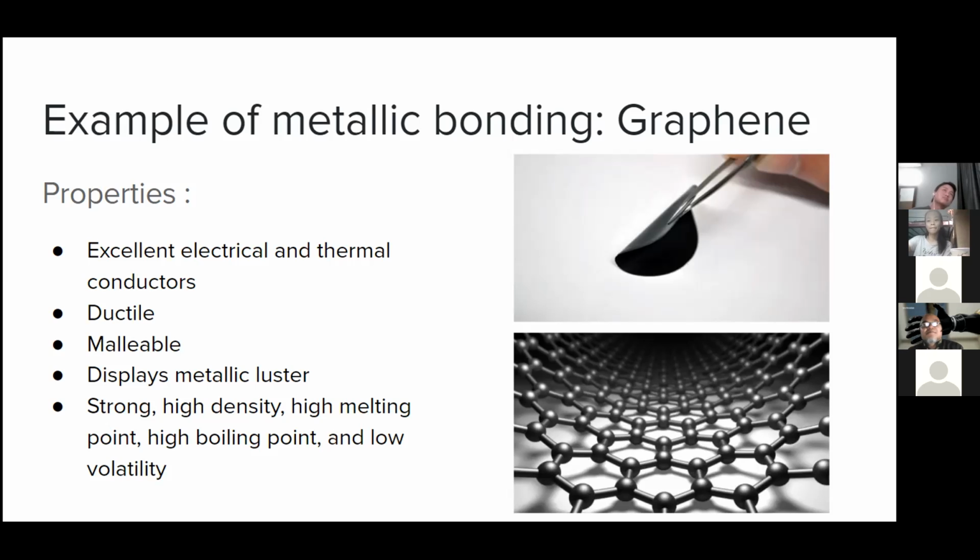Because graphene is made of a lot of carbons, and carbons usually have electrons on the outer shell, and their extra electrons leave the atom, so the carbon itself becomes a positive ion, but they are surrounded by a lot of electrons.